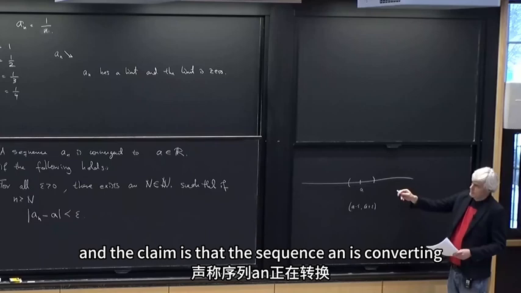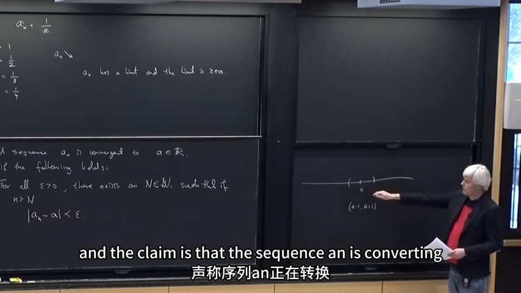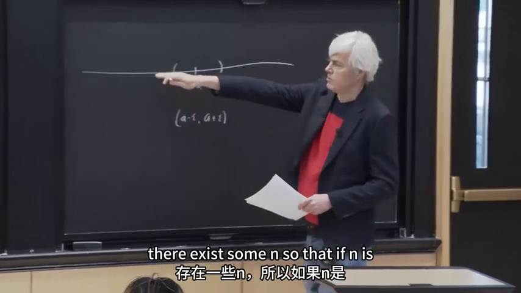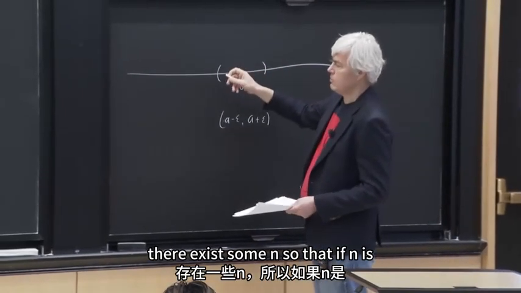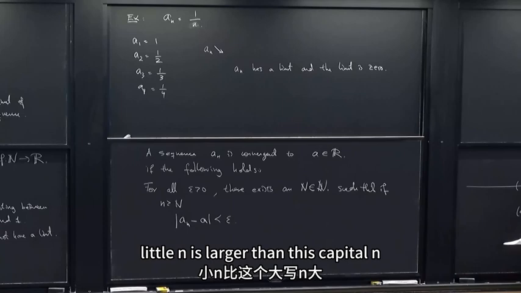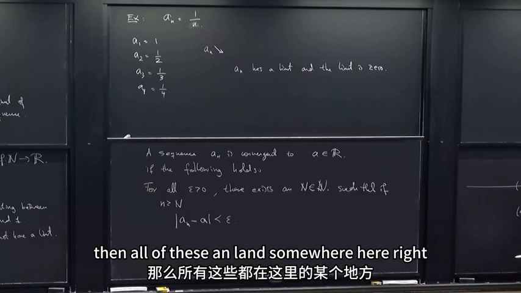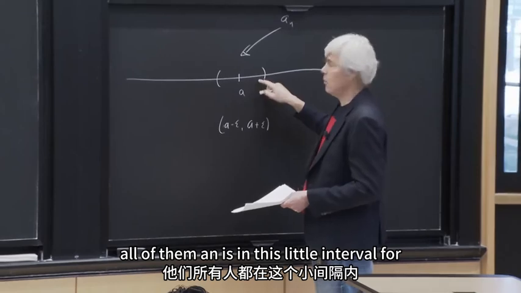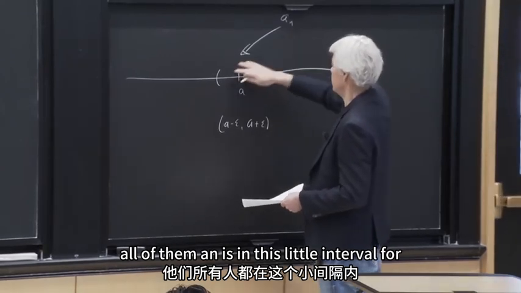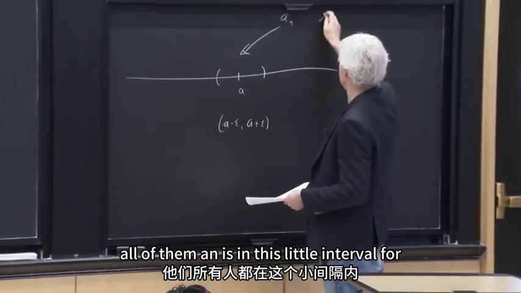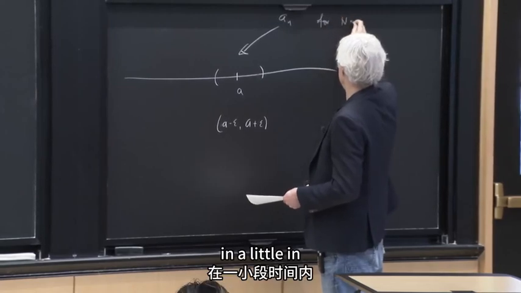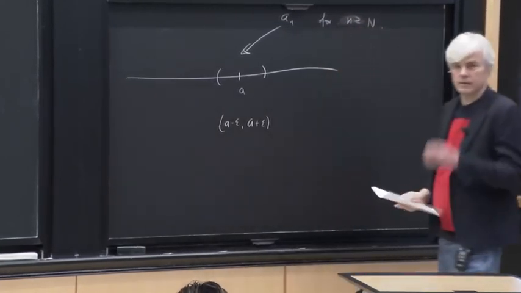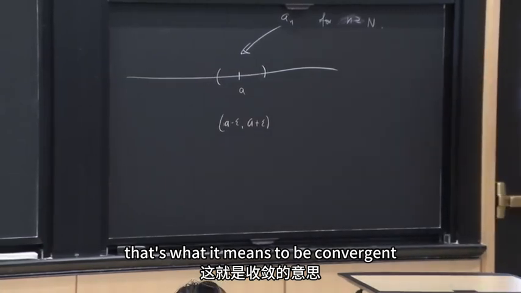And the claim is that the sequence a_n is converging to a if there exists some N, so that if little n is larger than this capital N, then all of these a_n land somewhere here. All of them a_n are in this little interval for n bigger than this capital N. That's what it means to be convergent.